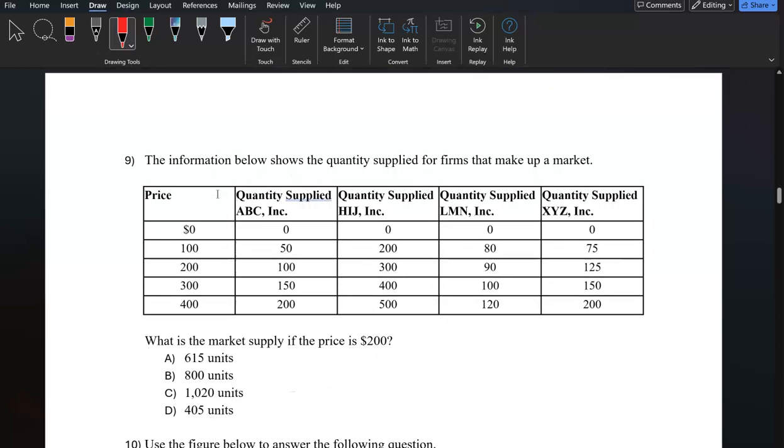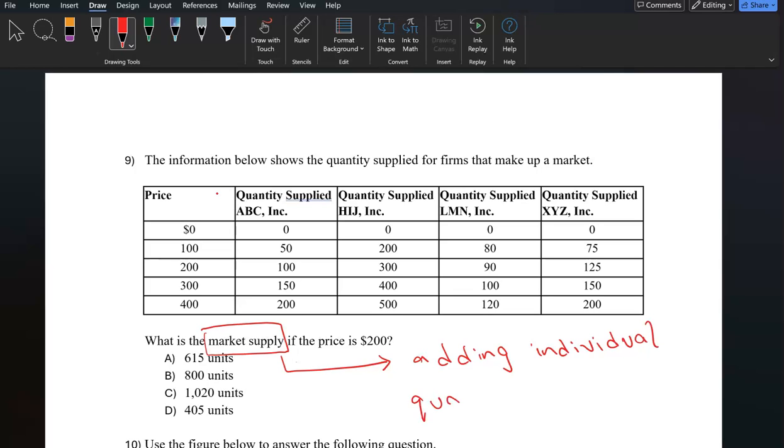Question number 9. We are looking at market supply. We can calculate market supply by adding individual quantities supplied. Now, the question is saying price is 200.